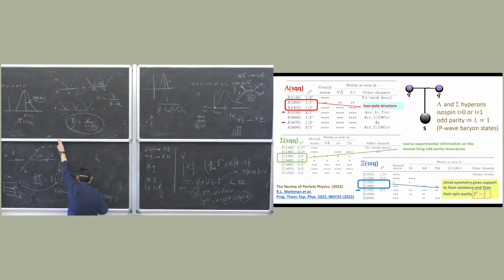Let's come back to this object. I don't know if you remember, but I am going to focus on the S wave. Okay, with this partial wave decomposition, look, this thing depends on the energy, right? And it depends on the angle.